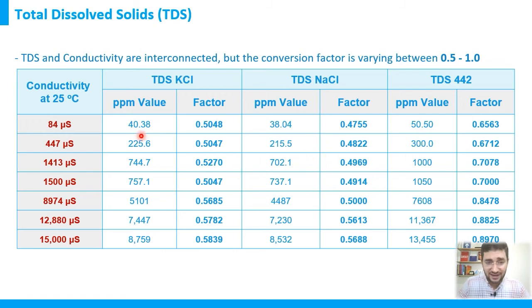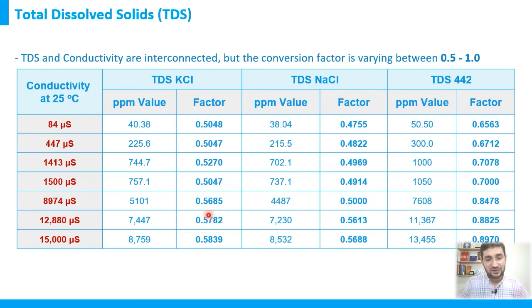Now let's look at a brackish water sample of a conductivity 1500 microsiemens per centimeter. If we did the measurement of TDS through KCl, it's going to be 757 ppm. If we did it through the NaCl option, it's going to be 737. But if we did it through the option of 442, we can get it as 1050 ppm.